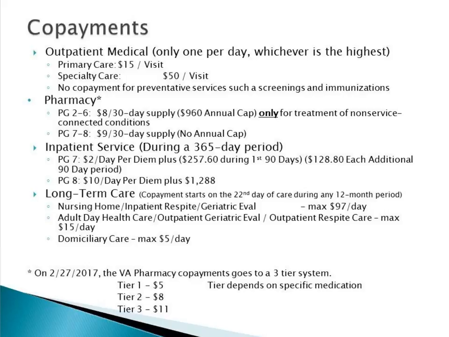One of the biggest things with eligibility: when someone is determined to be eligible, they're placed into one of 8 priority groups. Depending upon where they fall, priority groups 2 to 8 may have some co-payments.